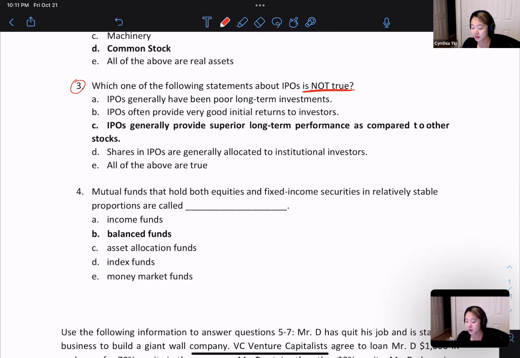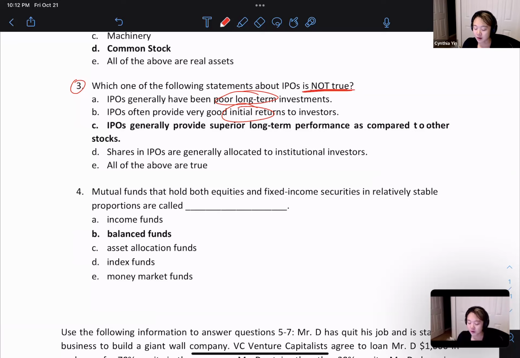The key takeaway here is that IPOs have very good initial returns, meaning on the first day or first several days. But in the long run, if you look at 3 years or even longer, they have poor long-term returns. So this is basically the key takeaway.